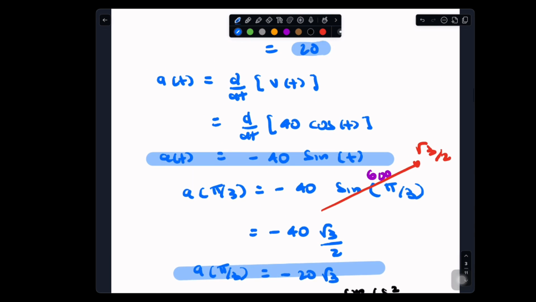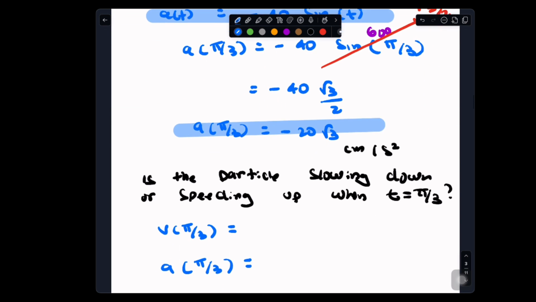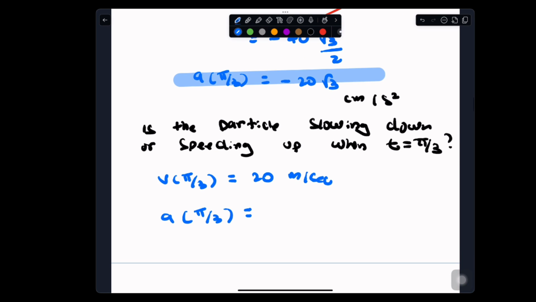What was the velocity? 20 meters per second. Is that right? What was the acceleration? Negative 20 square root of 3. Meters per second squared now. What's the answer to this question? Slowing down. Outstanding.